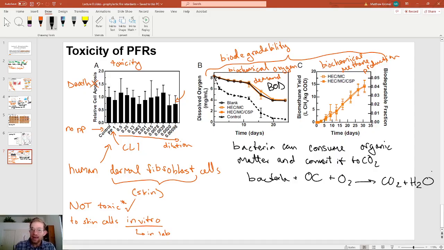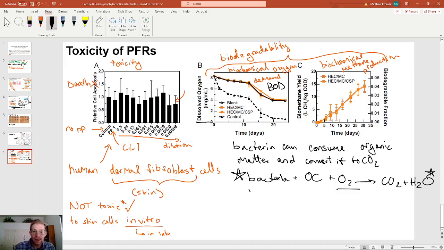So the question they are asking here is the researchers are measuring dissolved oxygen in a sample of water as a function of time. And this water also has bacteria present in it, and they are measuring how much oxygen is consumed. Okay, so the reason this is important is because if you just throw a bunch of organic matter into a stream that has bacteria present, which is any stream, the bacteria will start to do this chemical process and break down the organic matter.